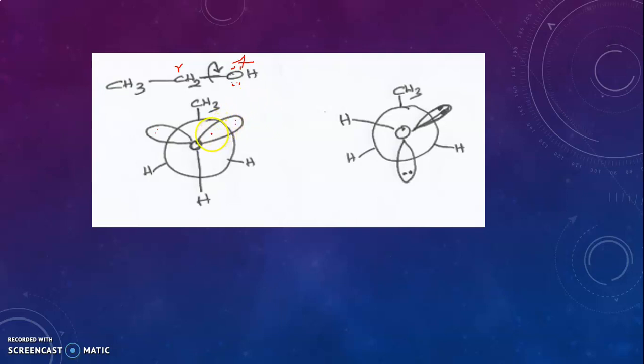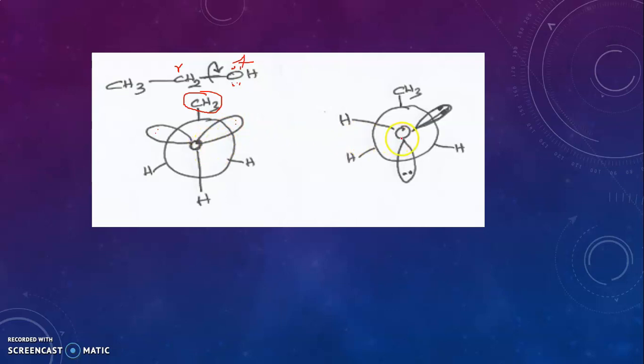Listen, in the gauche effect, the lone pair does not occupy any space, or the lone pair should be considered as empty space. If you consider this as empty space, then this must be the most stable conformer. Are you able to follow? Because the bulky group is present between the two lone pairs, which are considered as empty space. Therefore, this conformation must be the most stable one.